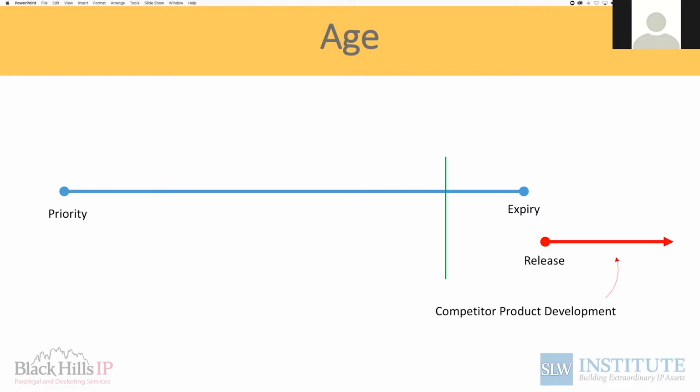Perhaps there may be a deterrence value that remains, but it's going to be a lot more limited. The bottom line is that taking into account how much time is left in the patent, and whether there's actually going to be something that can be enforced within that time period, is going to be critical. The age of the patent is another analytic that's worth taking into consideration.